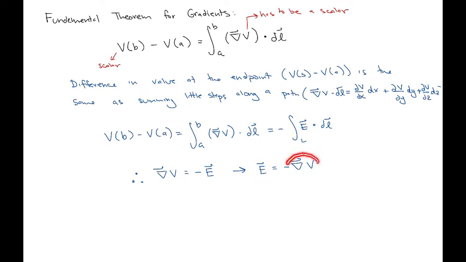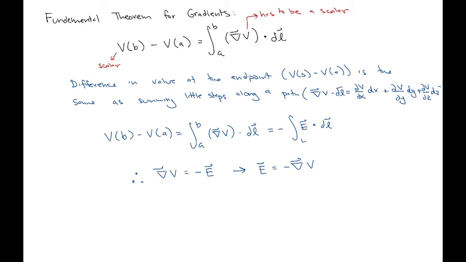Also, if you remember this gradient, the direction that it always points is kind of straight downhill, or in the direction of the greatest change in the potential. That's always going to be in the direction that is perpendicular to equipotential lines, which is in agreement with the fact that we observed that the electric field is always perpendicular to equipotential lines.